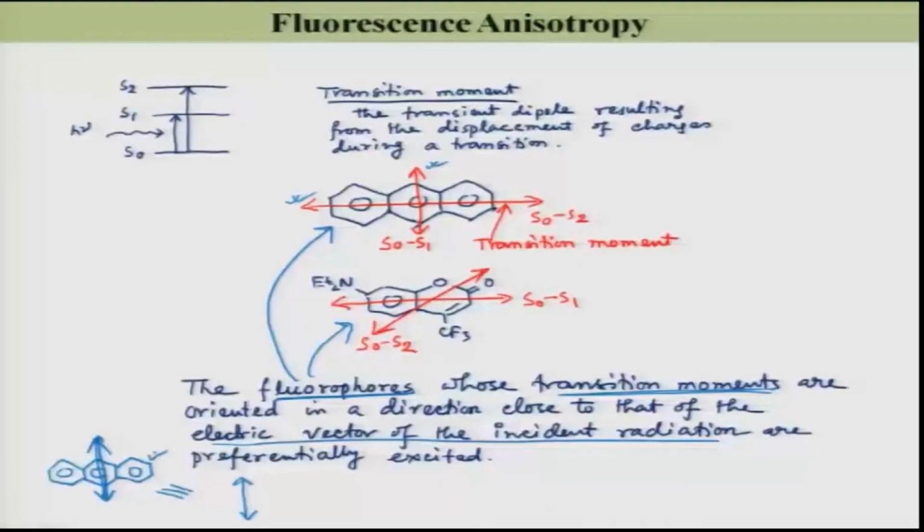If I draw this molecule, I can tell that the molecule is oriented this way. Now, if the molecule is oriented this way and the electric field of the incoming light is oscillating along this way, then the excitation is more favorable than if the transition moment is oriented like this way and the excitation is vertical.